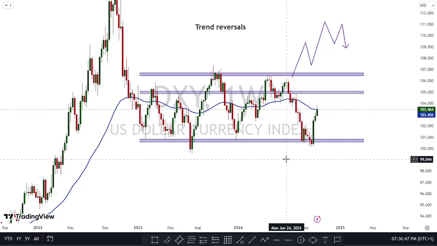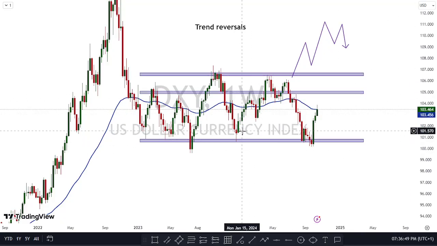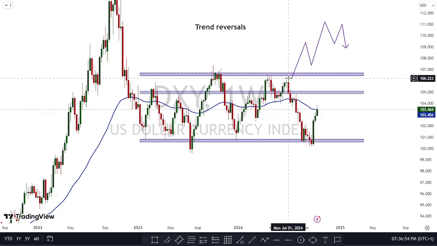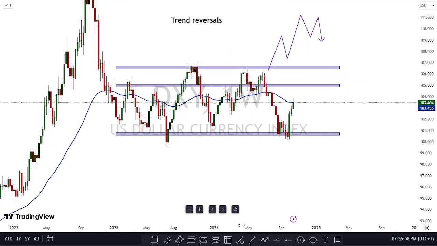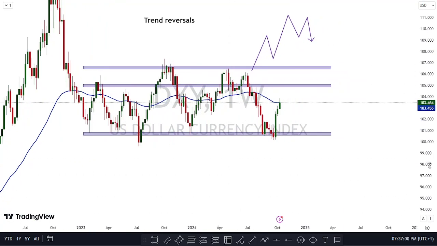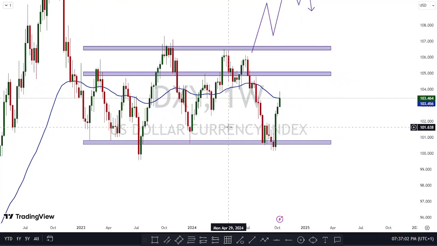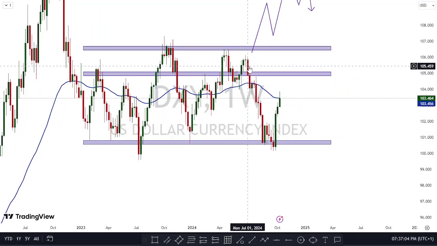So you can see very clearly here that the market was trending upwards at this point since December 2023 up until July 2024. The market has been trending upwards for the dollar, for the DXY. And then all of a sudden we get a boom. See that?